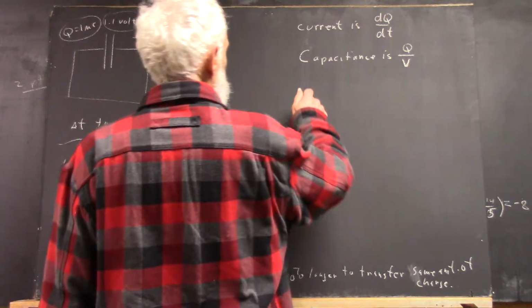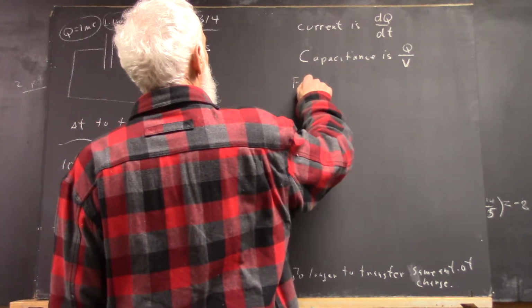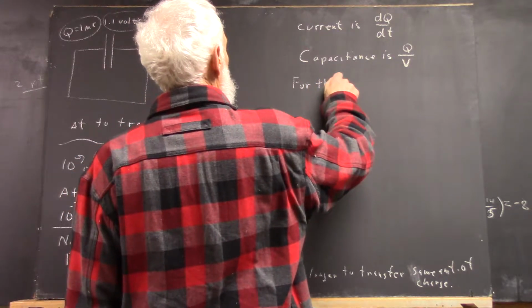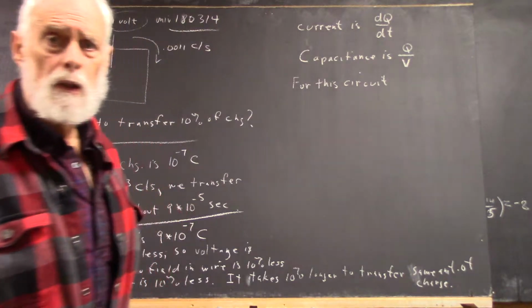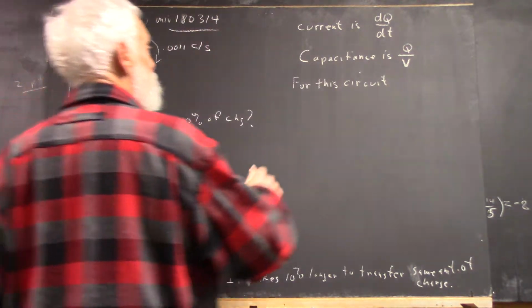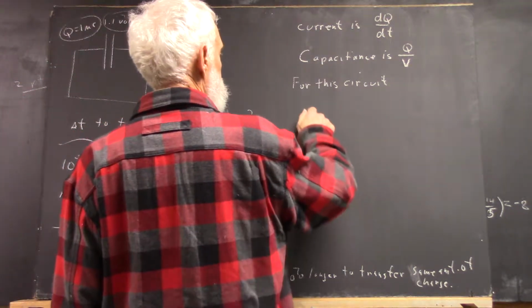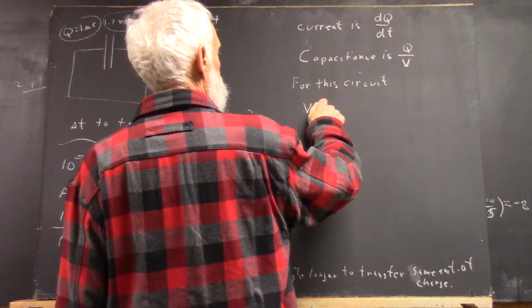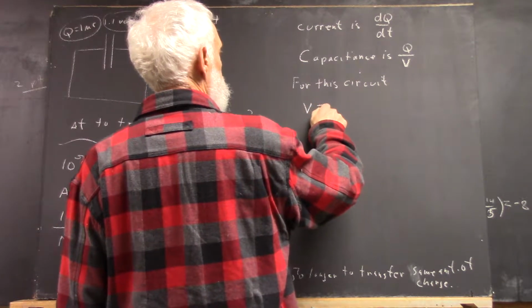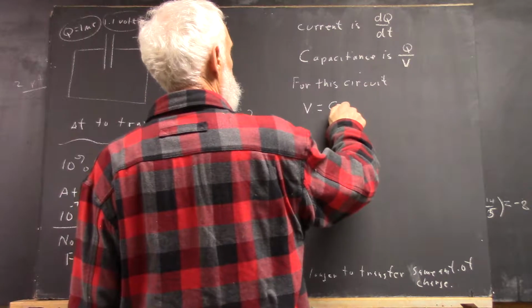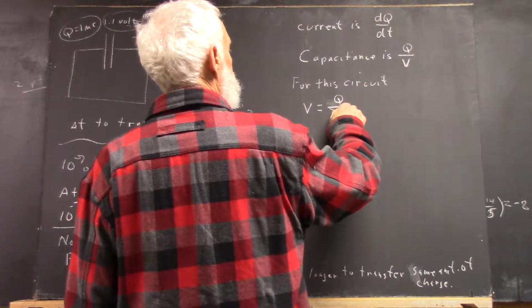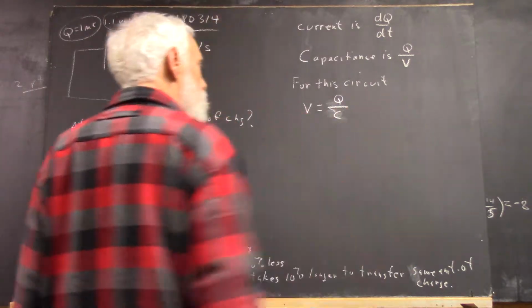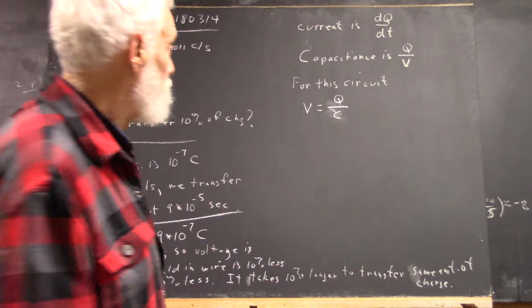Okay, well, okay, for this circuit, the voltage, get the right letters there, is charge divided by capacitance.